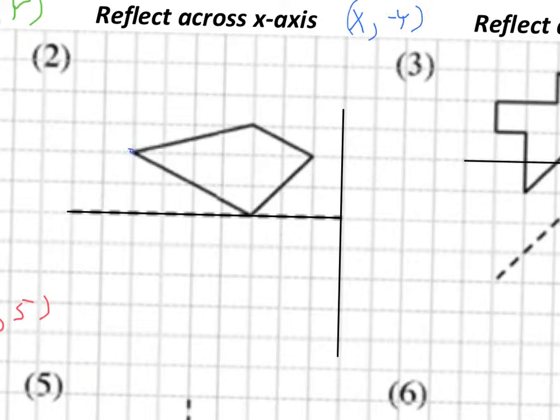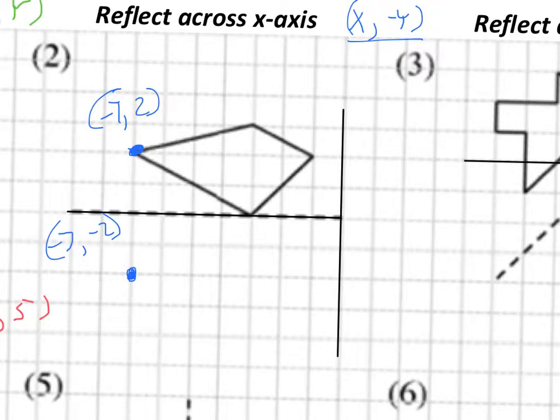Well, if I find the ordered pair for this point, that would be negative 7, 2. According to my rule, x stays the same, y becomes flipped, so negative 7, 2 would become negative 7, negative 2. And that would be right here.